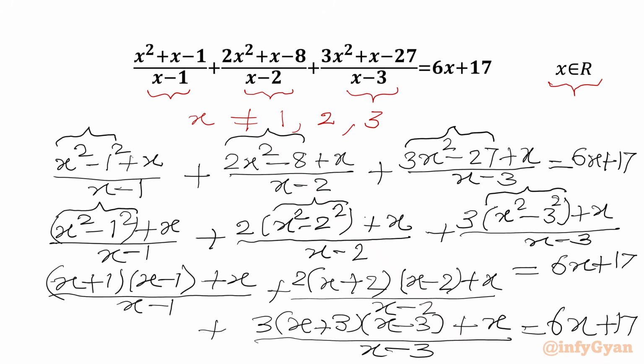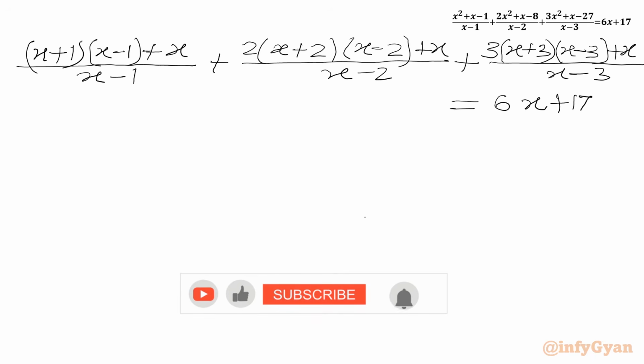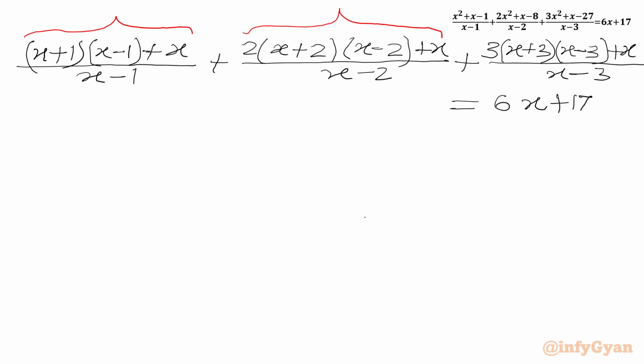Now we will split our numerator with respect to our denominator. Let me write the equation first. Now we have to split our numerator terms with respect to our denominators. So we can write x plus 1 times x minus 1 over x minus 1. From there we'll be getting x plus 1.